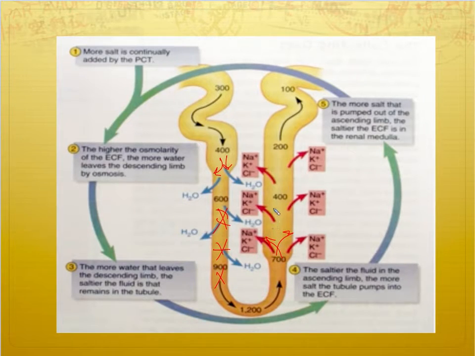They get pulled out because there's such a high concentration inside and a lesser concentration on the outside. So that pulls your salts back out, creating this very salty extracellular fluid. Okay, so your medulla is actually very high in salt concentrations, and this is how it keeps that: water is pulled out first, and then salt is pulled out because this is a very salty fluid after that.